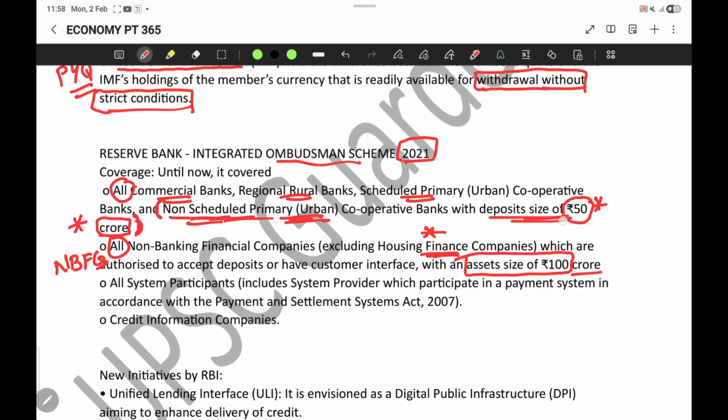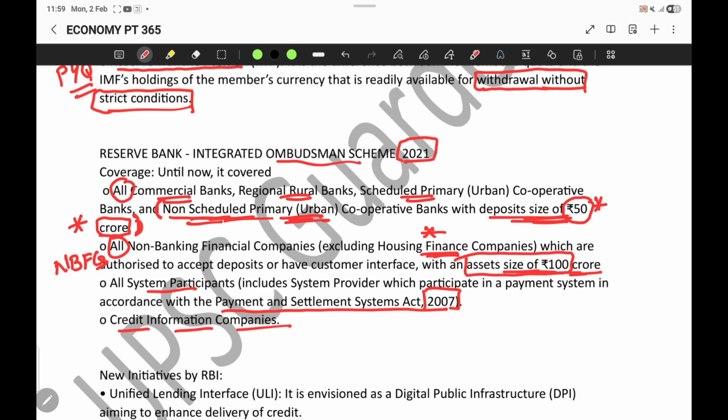Here, deposit size of 50 crore, asset size of 100 crore for NBFCs. Then all system participants. What is system participants? They are system providers which participate in the payment system in accordance with the Payment and Settlement Systems Act 2007. Then credit information companies are also covered.